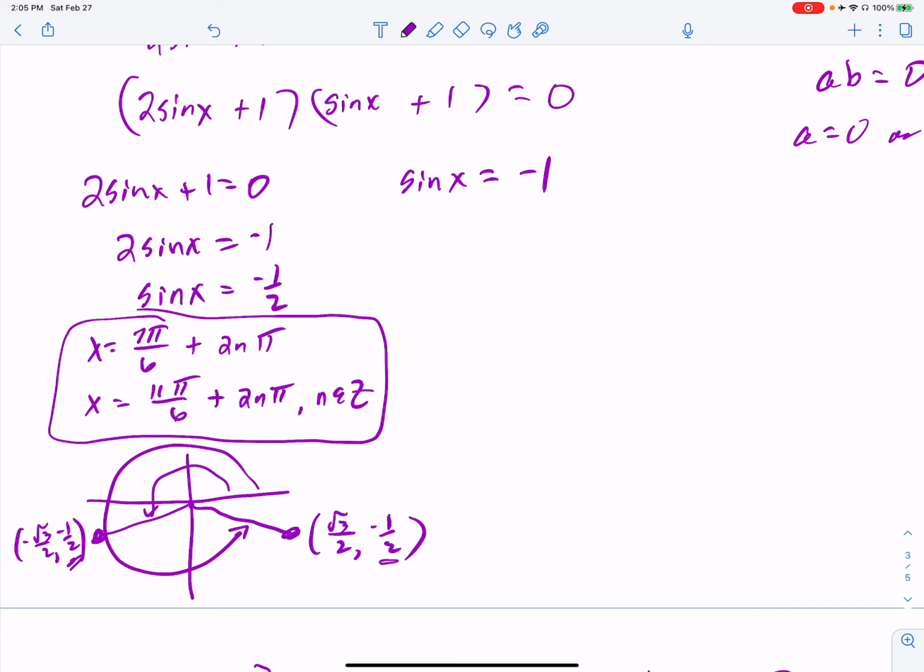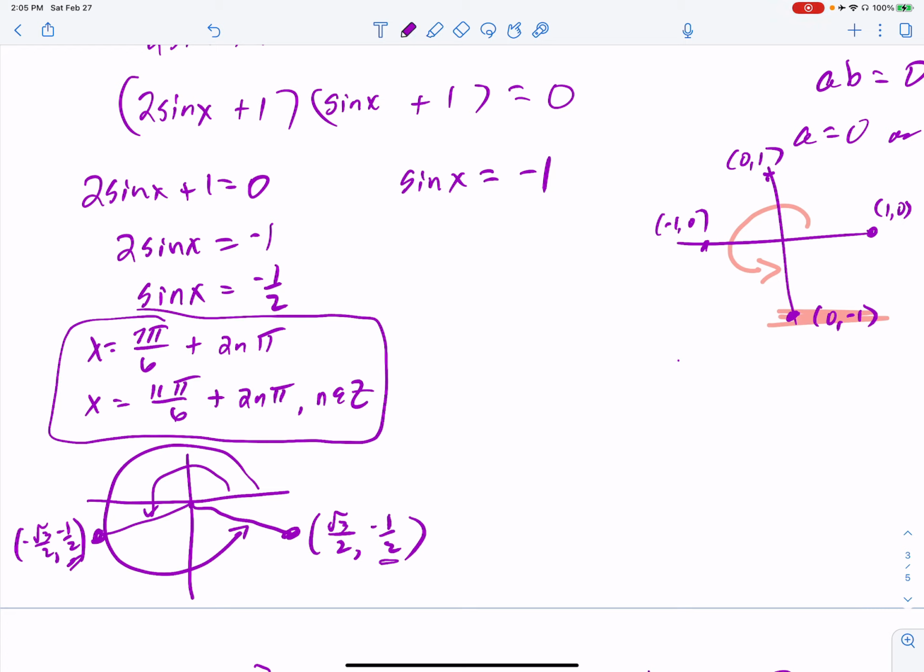Now for where sine of x equals negative 1, I can think about the unit circle, but that's an axial intercept. It's where on the unit circle the y-coordinate is negative 1. And that is right here, which is 3 pi halves, or 270 degrees.